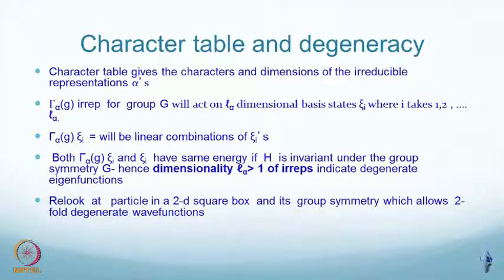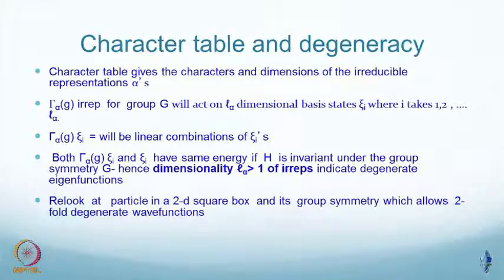C3V has 2 one-dimensional irreps and 1 two-dimensional irrep. C2 has 2 one-dimensional irreps. Once you look at this character table, the corresponding matrix representation will have to act on a vector space which will have basis states. So, xi I is what I am calling the basis states, where I will run from 1 to L alpha.